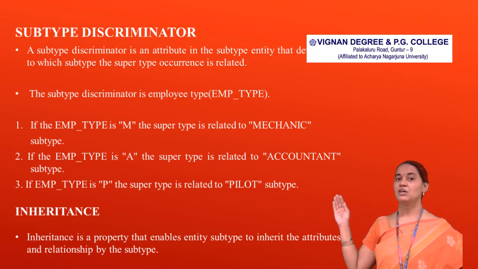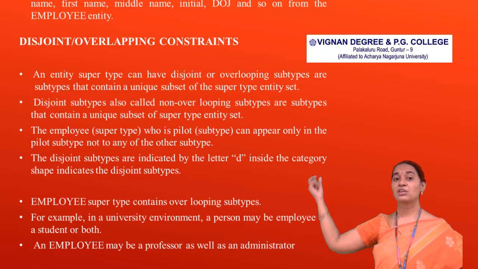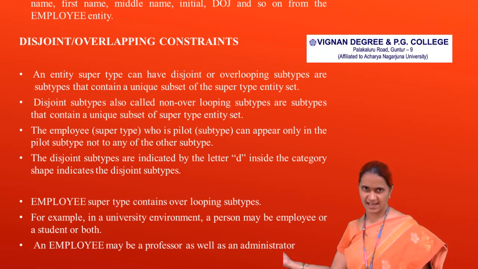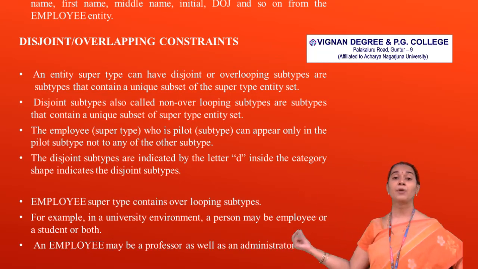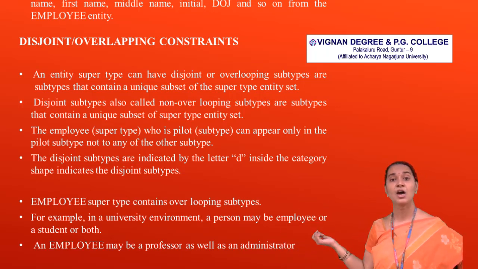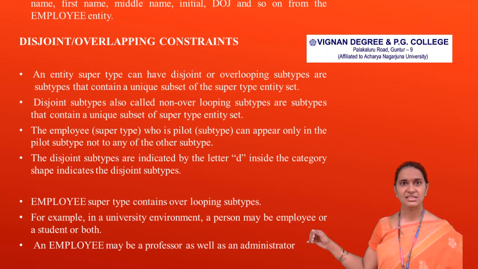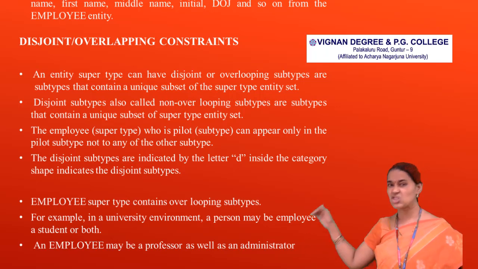So from the supertype, if I inherit the properties which are unique to the pilot, then it is called disjoint. When I inherit the properties which are common for pilot and mechanic, then it becomes an overlapping constraint. About the overlapping constraint, let us consider one more example in the next slide. Now let us discuss the disjoint subtypes.